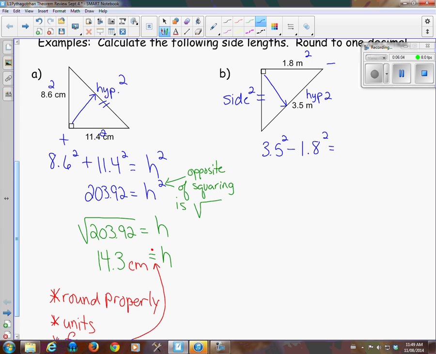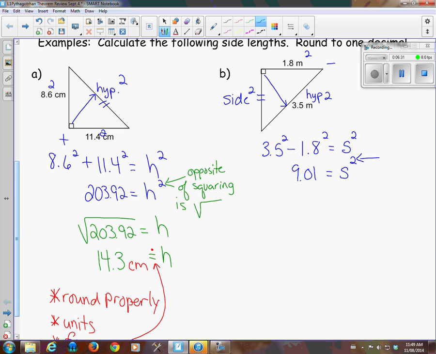And the same thing, I don't usually write the word side. I'll put a letter. I can put S for side, you can put A, you can put Q, you can put Z, whatever letter your little heart desires. And then I'm going to do the same as I did before, get out my calculator and calculate. 3.5 squared minus this time 1.8 squared, and I get 9.01 equals the side squared.